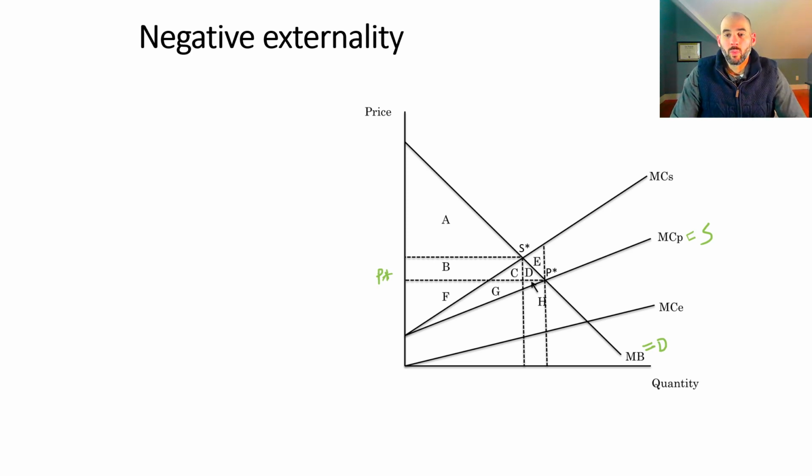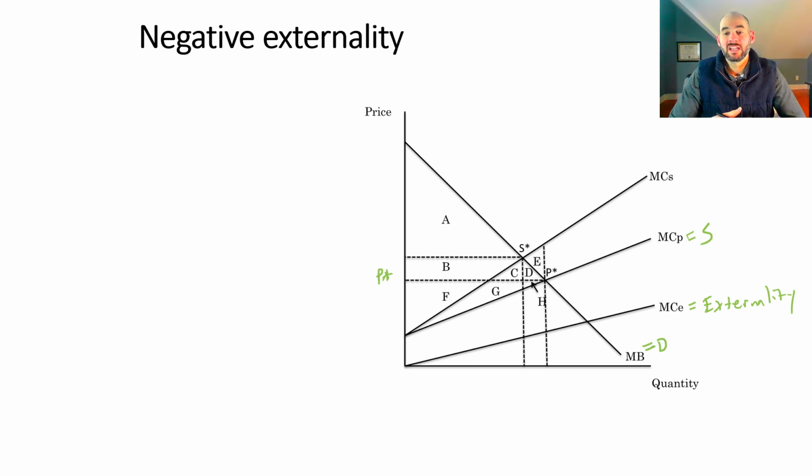So what are the other two curves? Well, the marginal cost E, that's just our marginal externality cost, and we're assuming there that each unit we produce actually has a worse externality the more that we produce.